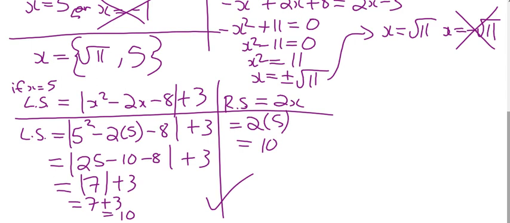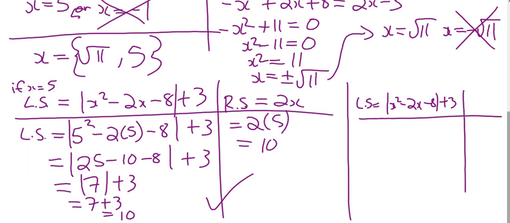Yay. Root 11. X squared minus 2x minus 8 plus 3. The right side is 2x, which will be 2 root 11. So we are rooting for 2 root 11 over here.